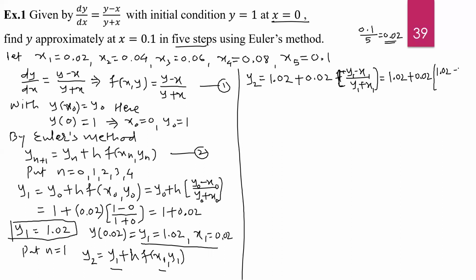Value of x1 is 0.02. So 1.02 minus 0.02 divided by 1.02 plus 0.02. Now calculate this value, y2 is equal to, we get 1.0392.